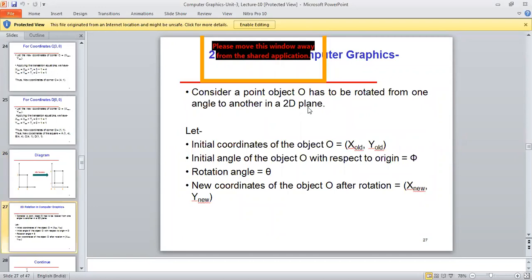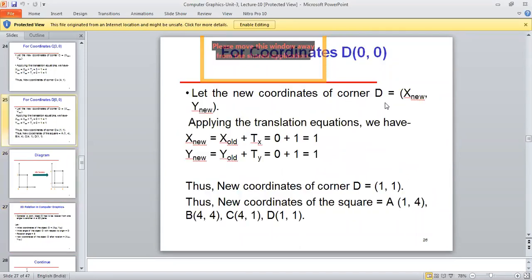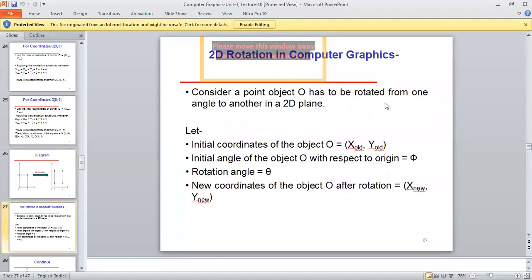Consider a point object O that has to be rotated. Now I am going to consider rotation. How will you rotate the image or the object? Another type of transformation is called rotation.